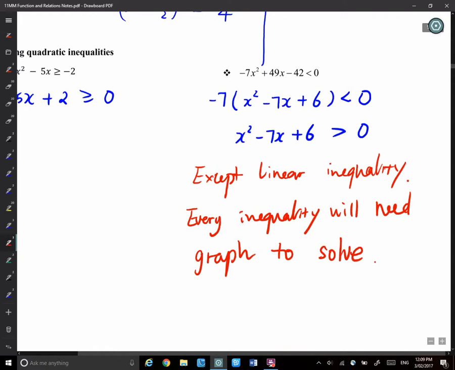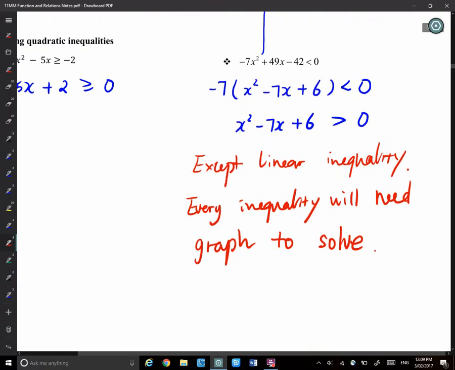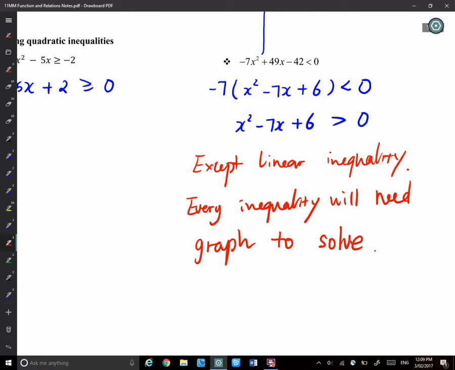We will need a graph to solve for it. Linear inequality we can directly solve algebraically. But anything else other than linear inequality, you need a graph to help you solve for that.